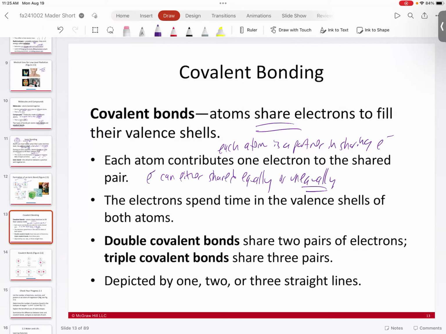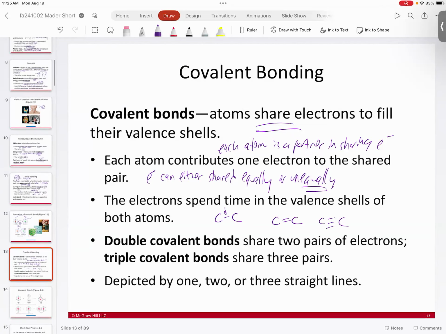As a result, you can also form multiple covalent bonds. You can either have a single bond like this, where that little line represents a bond, a pair of shared electrons, or you can do a double bond like this. That represents two pairs of shared electrons, or you can do a triple bond like that, and that's three pairs of shared electrons.